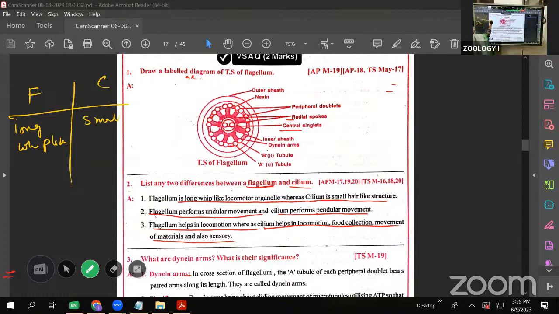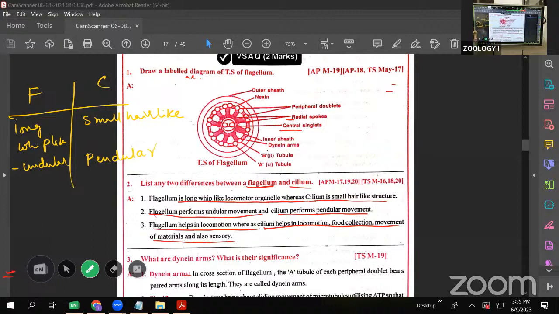Next, flagella perform undulatory movement. Cilia perform pendular movement.